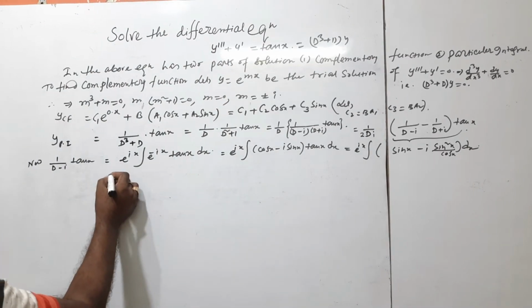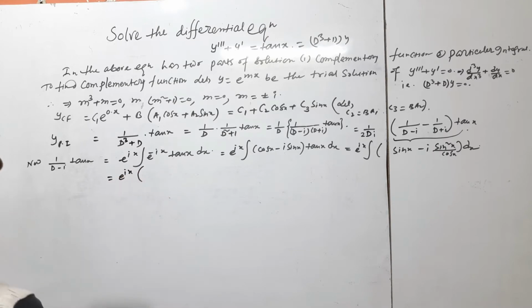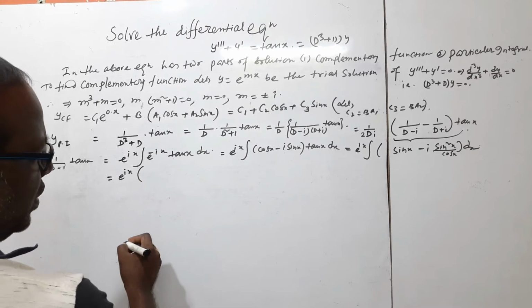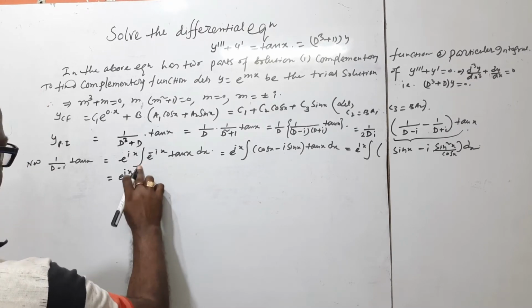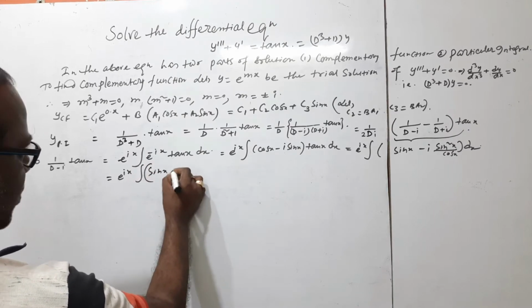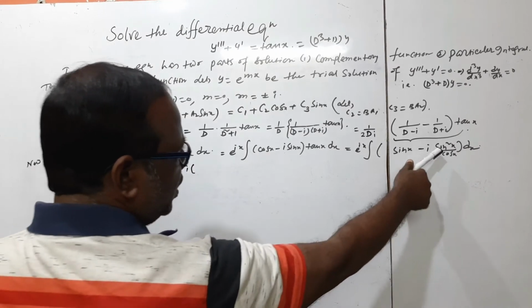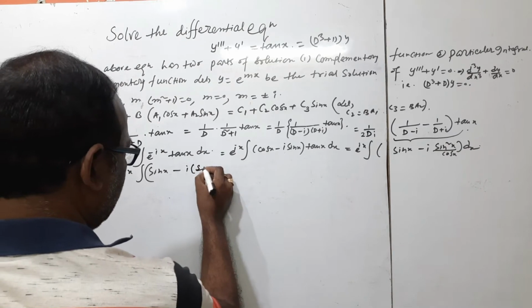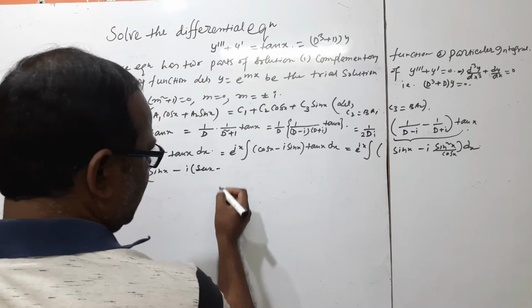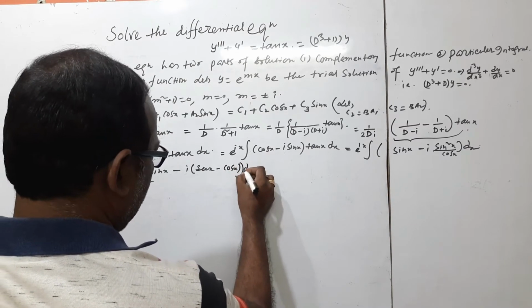Okay, this is equal to e^(ix) times the integral of sin x minus i times (1 − cos^2 x)/cos x, that is sec x minus cos x, dx.